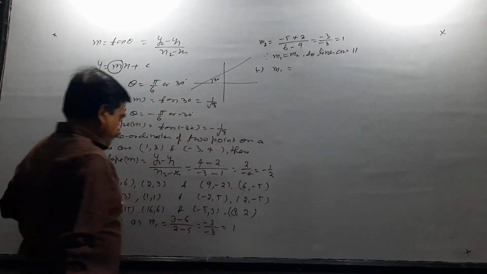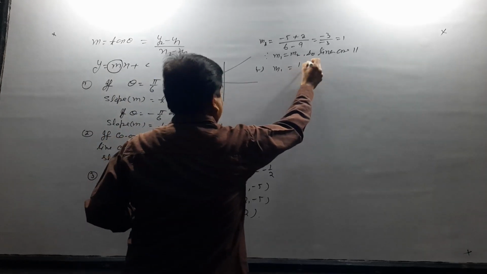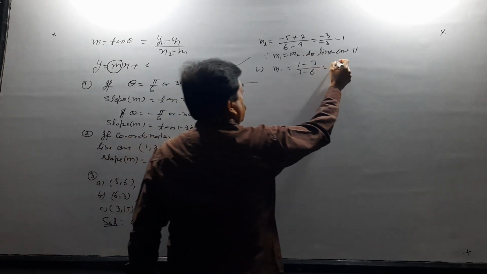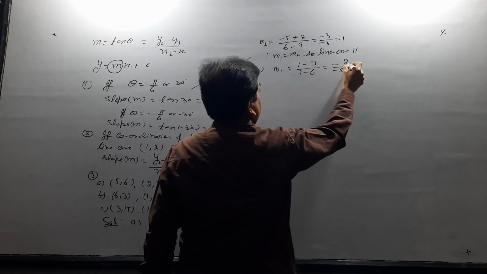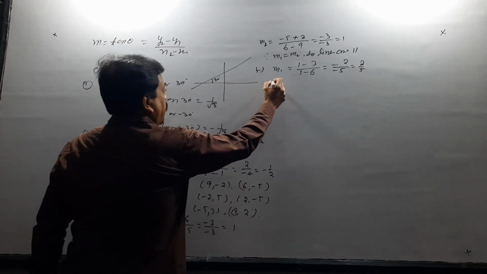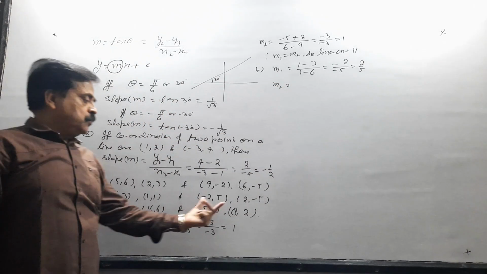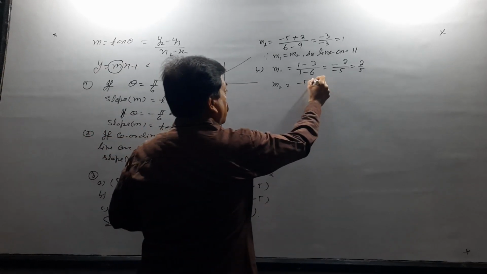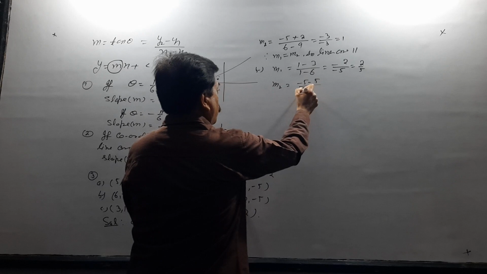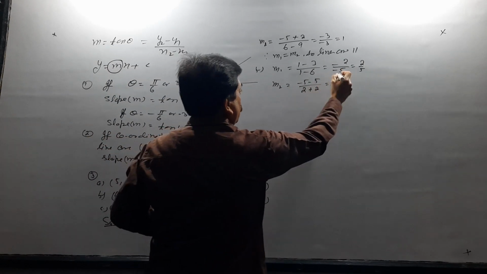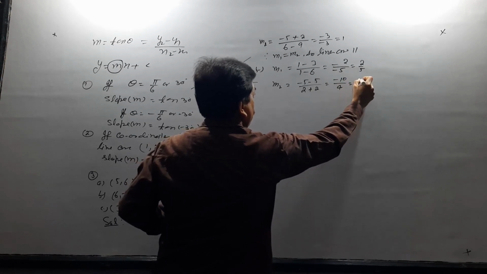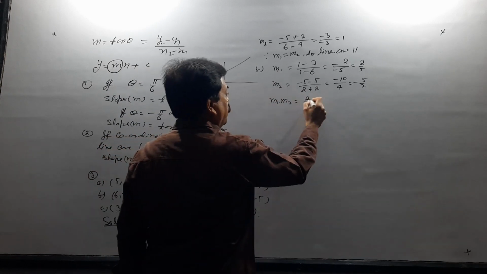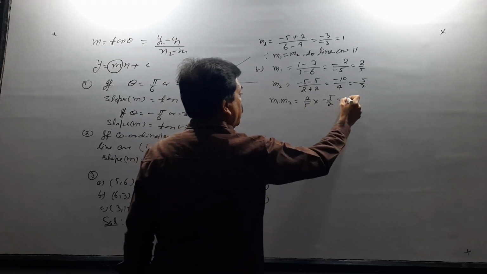In B part, slope of line passing through first pair of points: y2 minus y1, 1 minus 3 upon x2 minus x1, 1 minus 6, so minus 2 upon minus 5 or 2 upon 5. m2, the slope of other line passing through this pair of points: y2 is minus 5, y1 is 5, upon x2 minus x1, 2 minus plus 2, so minus 10 upon 4 or minus 5 upon 2. m1 into m2, 2 upon 5 into minus 5 upon 2 gives us minus 1.